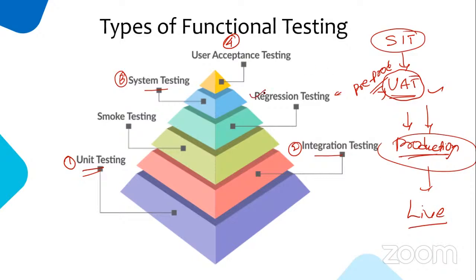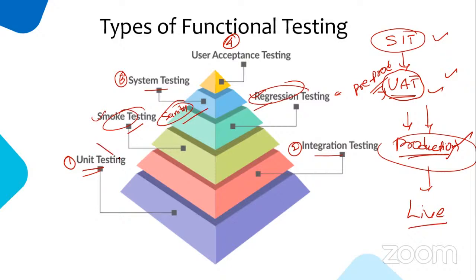And what about regression testing and smoke testing? There is one more level called sanity. These three types of testing, smoke, sanity and regression, will be done at all these levels. Try to visualize. Today I am going to teach you a real-time project and make you feel how it is in a QA team.